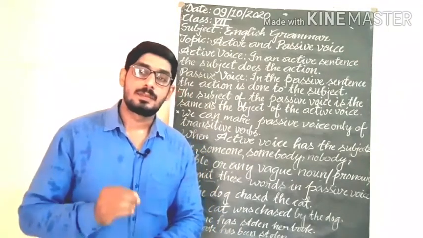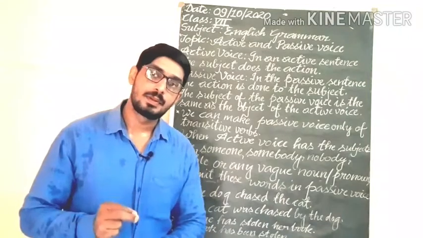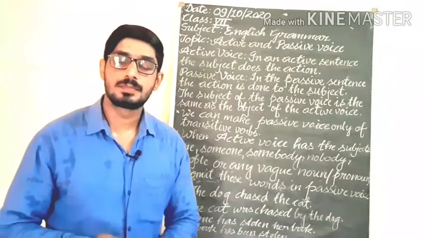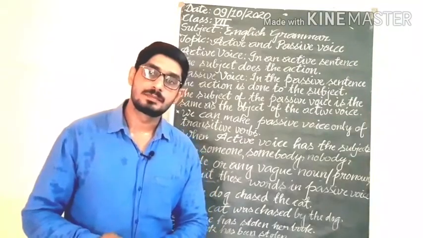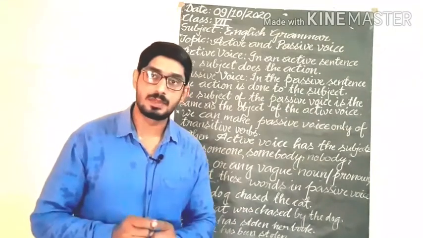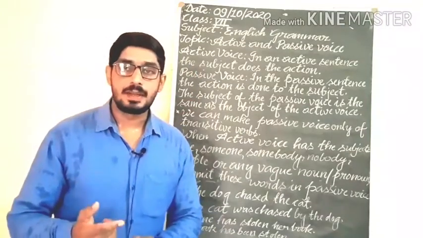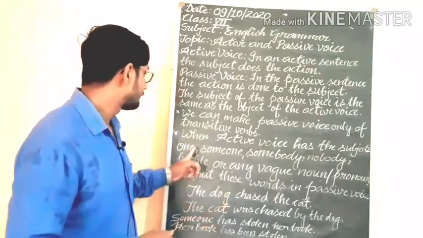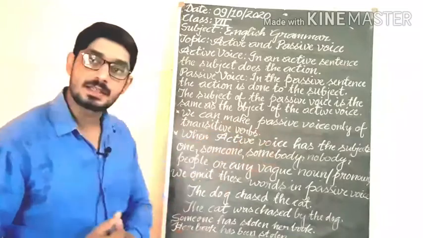If the verb has objects, the verb is transitive, and the verb which has no object is known as an intransitive verb. So we can make passive voice only of transitive verbs.